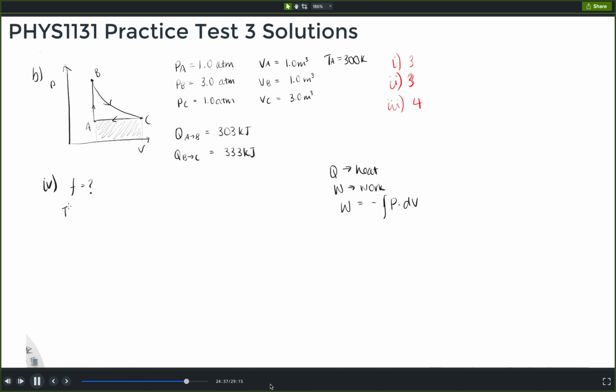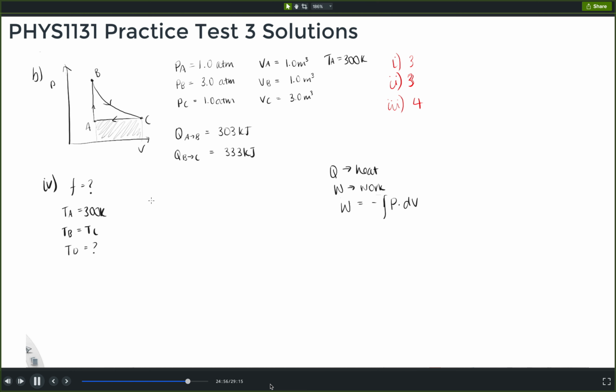What we know about the temperatures is that the temperature at point A is 300 Kelvin. The temperature at point B is equal to the temperature at point C, and we don't know what the temperature is at point D. So how are we going to work out how many degrees of freedom there are?